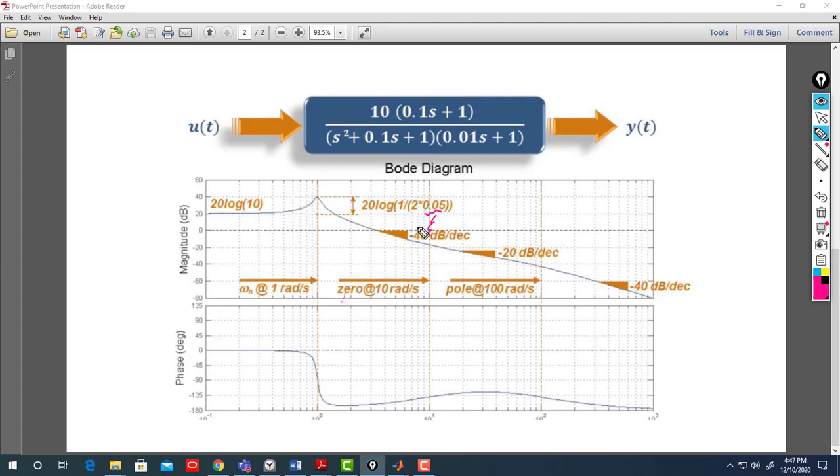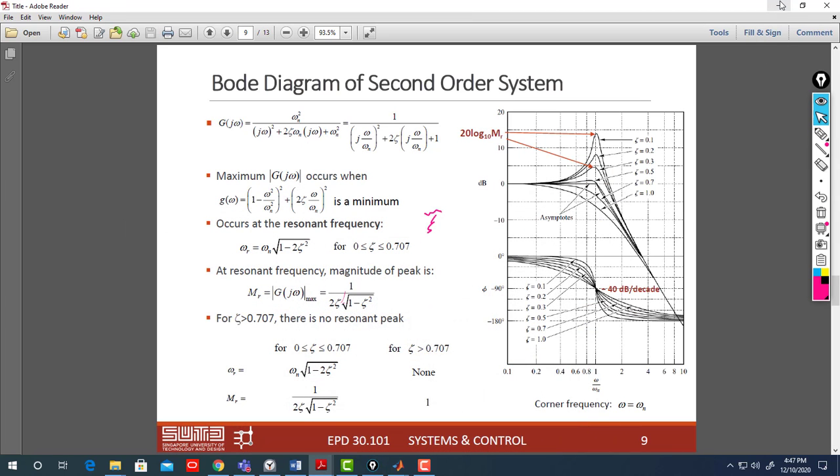Most of the time zeta is between 0 and 1 and small, so its square you can neglect with respect to 1. Then this is approximately 1 over 2 zeta.